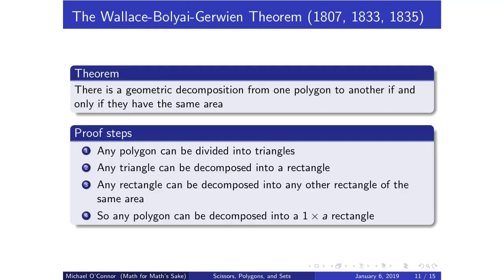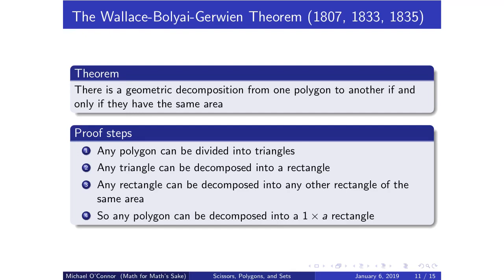Okay, so now let's turn from the recreational math to some more regular, more theoretical math. Before, people were concerned with finding the decomposition with the least number of pieces.